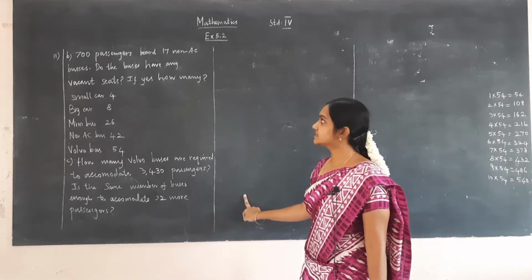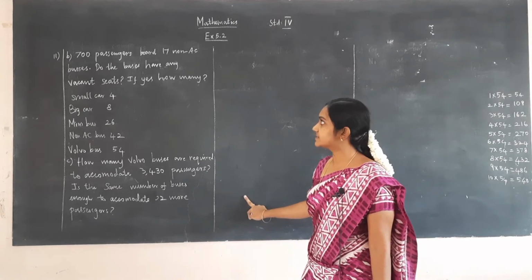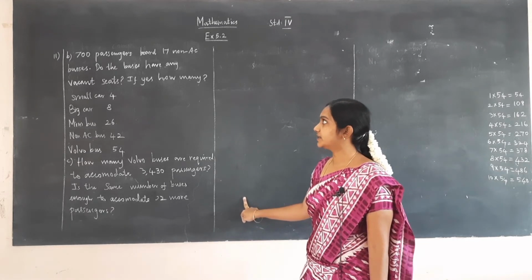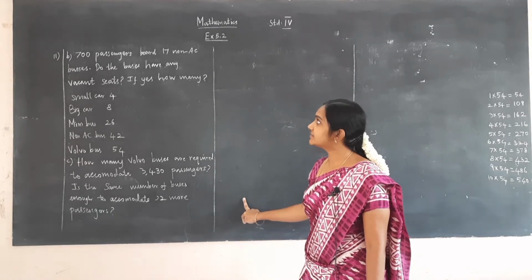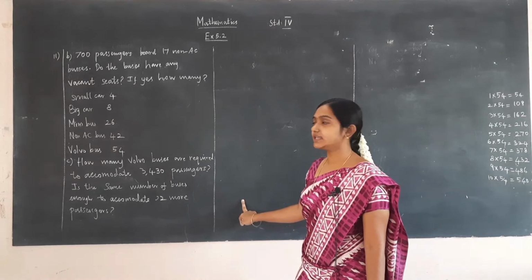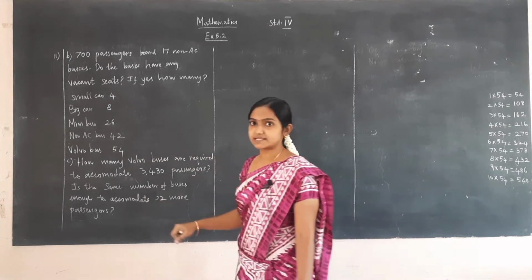The next question is: 700 passengers board 17 non-AC buses. Do the buses have any vacant seats? If yes, how many? 700 passengers board 17 non-AC buses. First let us write the non-AC bus capacity.